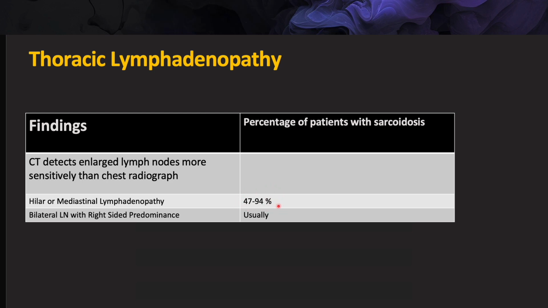And why we have this broad range is because almost in all stage 1 you will have lymphadenopathy, but as we go towards stage 4 you may have less. Still, on average almost half of the patients of sarcoidosis will have lymphadenopathy when you perform their CT scan, and it goes higher in the earlier stages, and mostly lymphadenopathy is bilateral. So bilateral lymphadenopathy with right sided predominance is one of the most common presentations of sarcoidosis.